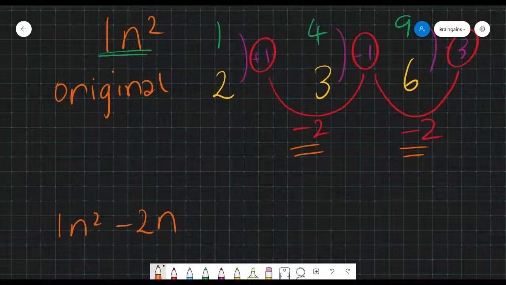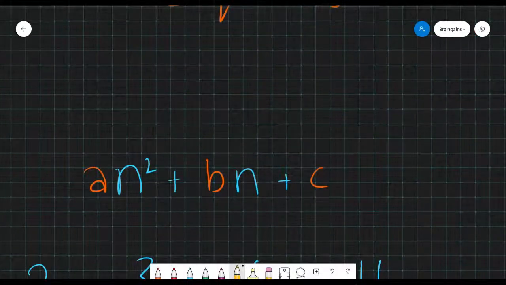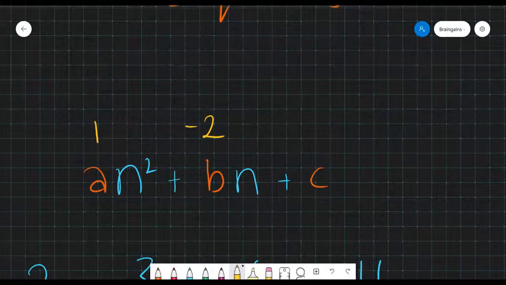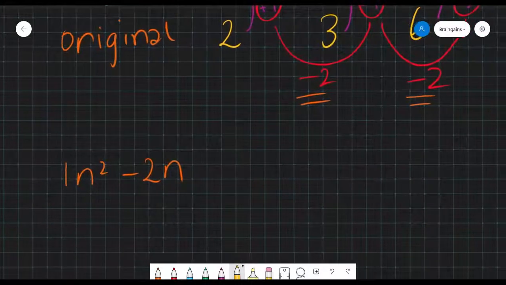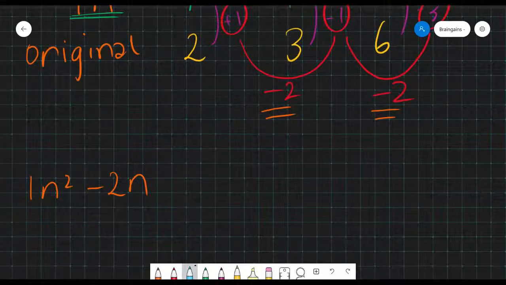Now we've got this far. All we need to find is our c value. So we've now found that our a is 1 and our b is minus 2. So let's go ahead and do the same thing. Let's find the first 3 terms of the sequence 1n squared minus 2n.